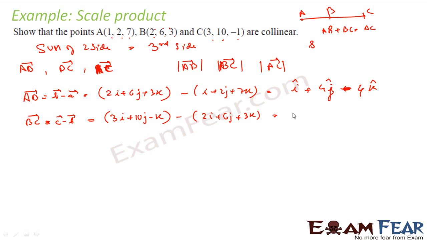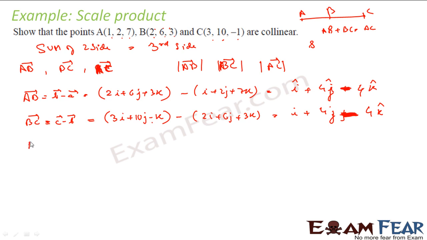This is nothing but 3 minus 2 is 1, 10 minus 6 is 4, and k is minus k minus 3 is minus 4k.